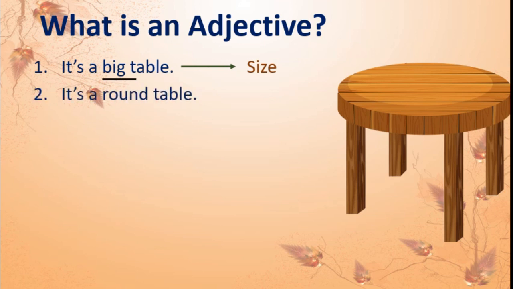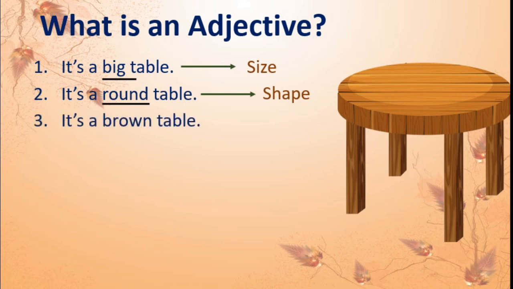Got this? We use a describing word to tell the size. Number 2, it's a round table. See, here adjective is round. Isn't it? So, it shows us the shape of the table. Got this? Third one, it's a brown table.